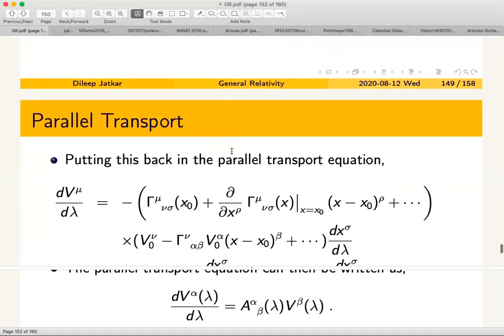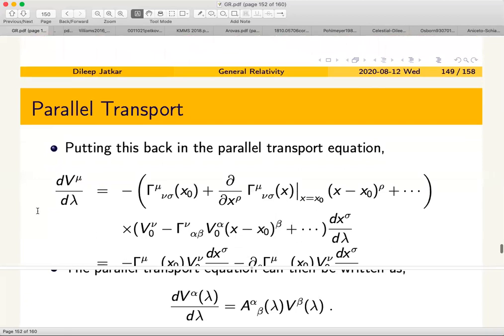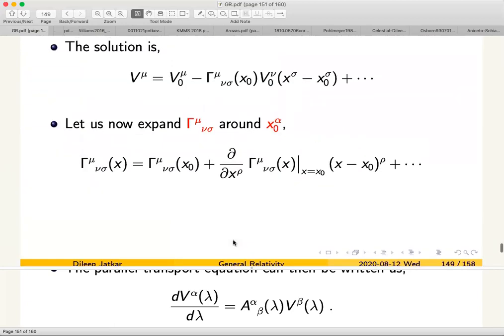Okay, so here's the structure. So dv by d lambda is written in this particular fashion. I write down gamma x in terms of its Taylor expansion around x naught, and v of x with its solution. Okay, remember the solution was written like this.